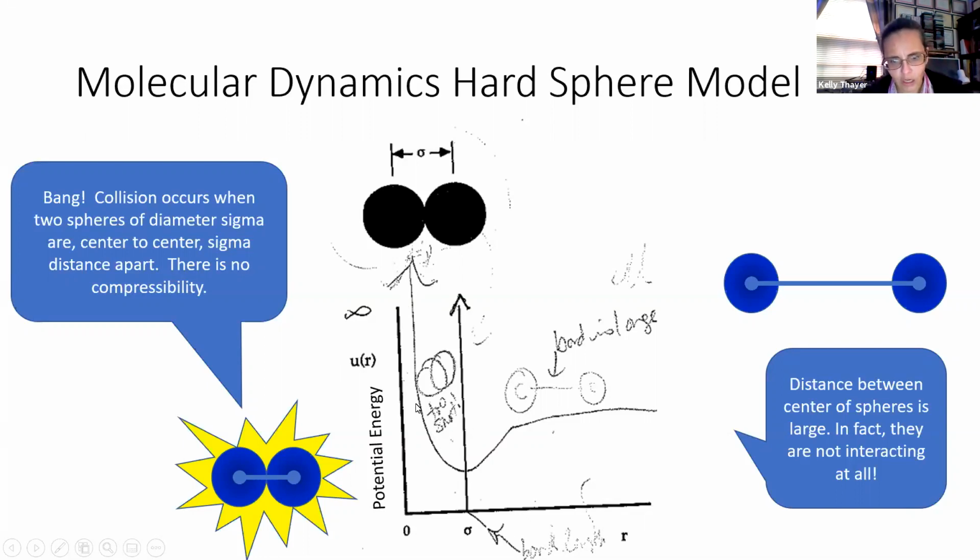to infinity. What we see here is a trace of, in fact, 2 different potentials, and that's because we are also considering what happens in actual atoms, which is where we eventually want to go with this. In the hard sphere, there are in fact only 2 options. Either the potential is 0, meaning they're not colliding, or the potential is infinity, meaning that they are in contact with each other.